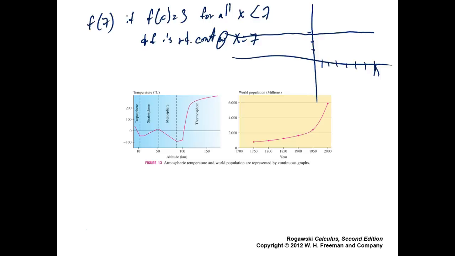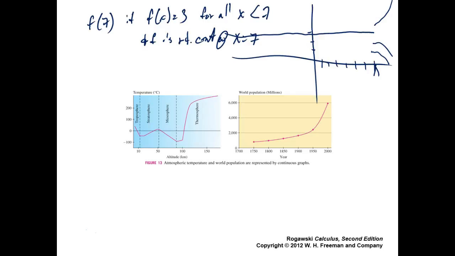They don't say what it is at x equals 7, but it's right continuous. That means from the right-hand side, it's coming down and is continuous, but it doesn't have to be at 7. So I would say the first part of that is no.